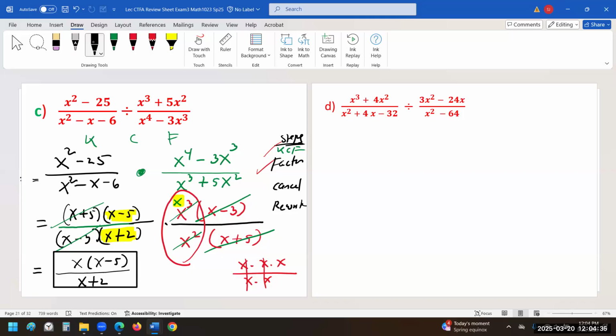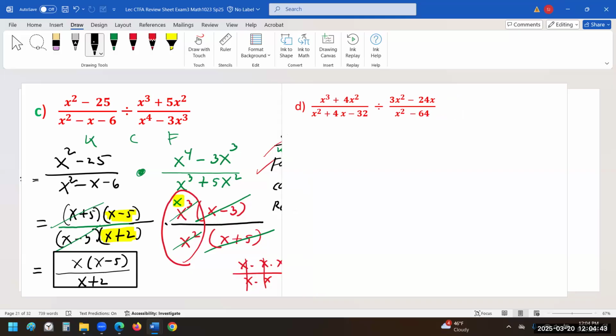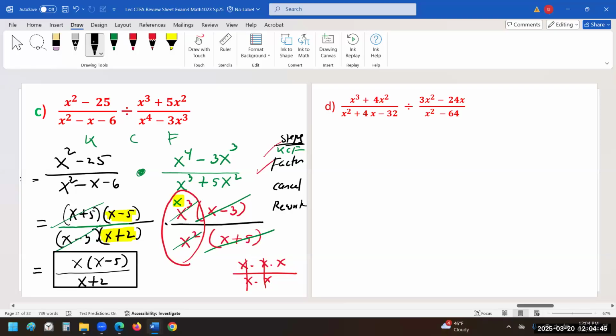And now you're ready for tomorrow's exam. I told you what will be in the exam: 1 division, 1 multiplication, 1 domain. That's it. And then from chapter 6, 8 factoring, 1 solving, and 1 real life application. And then the rest are exponent rules.